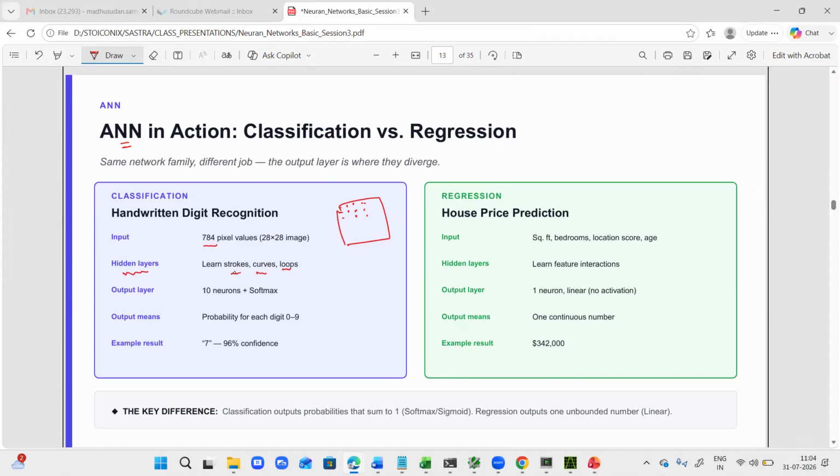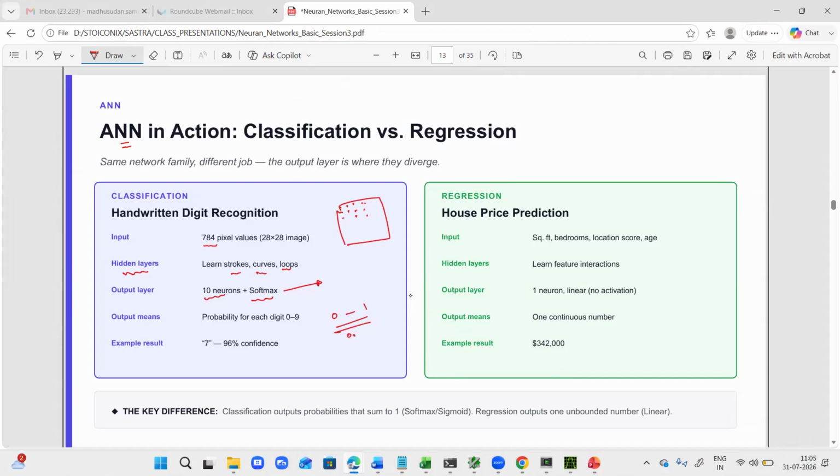Typically, the output layer might have about 10 neurons, and you would use an activation function called softmax. Softmax is an activation function which will give you a probability distribution as an output. For example, it'll give you a probability for each digit, ranging from 0 to 1.